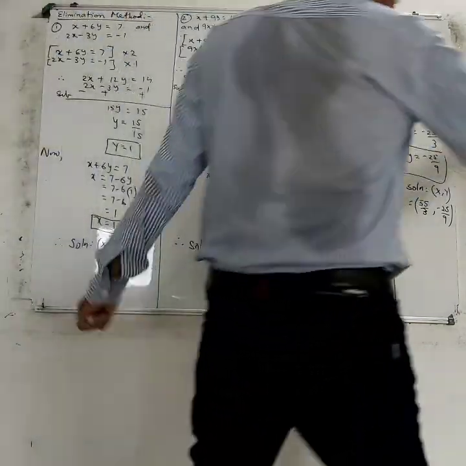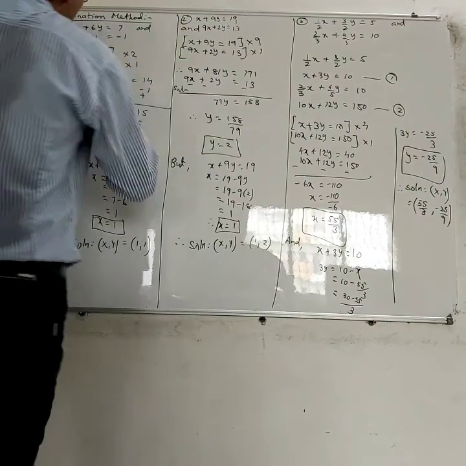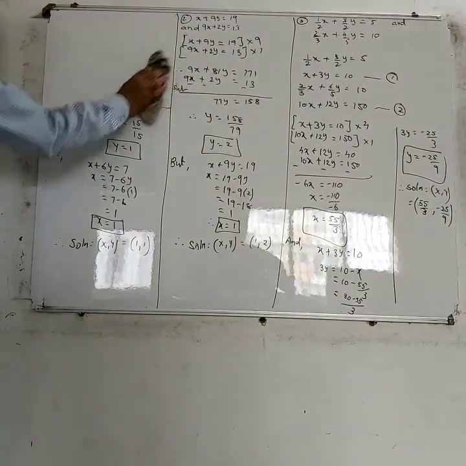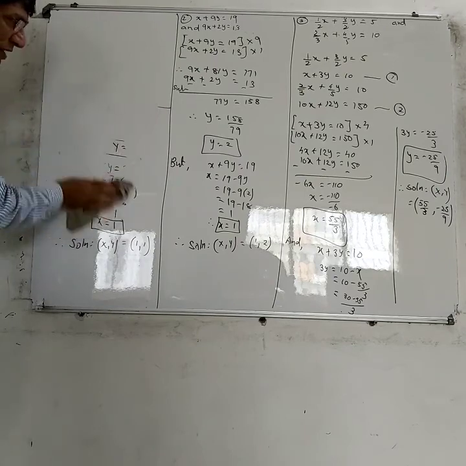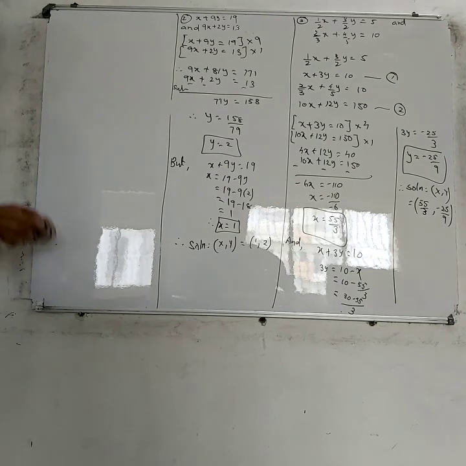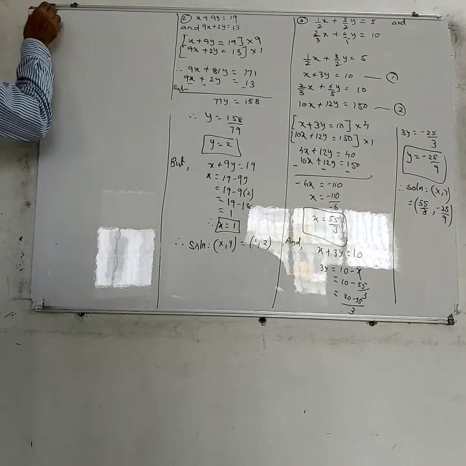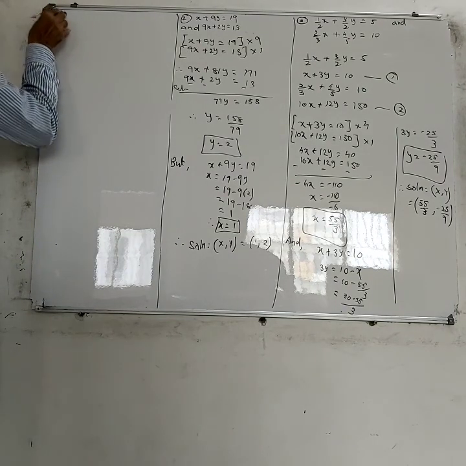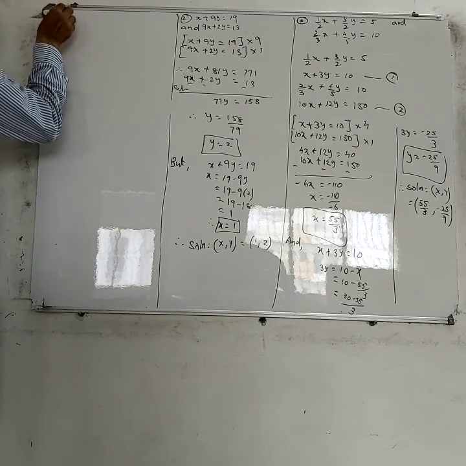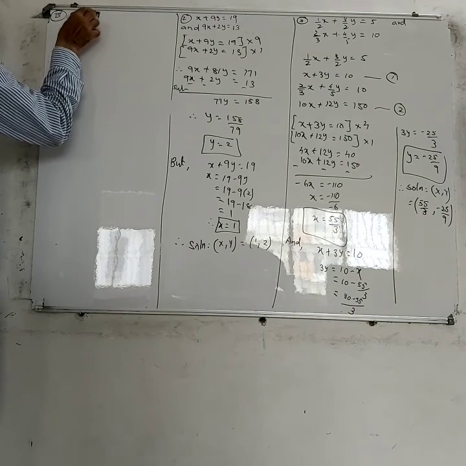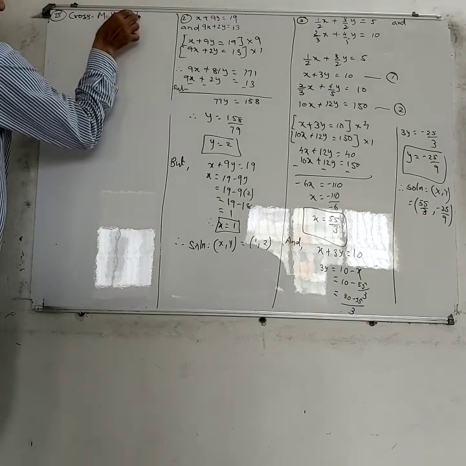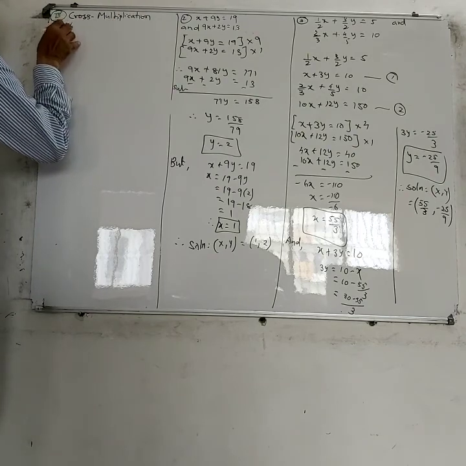Now let's try a third method, called the cross multiplication method. The cross multiplication method is not so frequently used, it's rarely used, but still it's important. So let's take the third method, method number 3, the cross multiplication method.